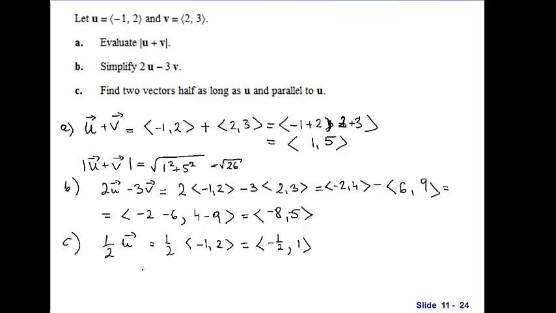And I have negative 1/2 u, which has the components 1/2 and negative 1. So both vectors 1/2 u and negative 1/2 u have half the length of u and are parallel to u. They have opposite directions, but they are half the length of u.